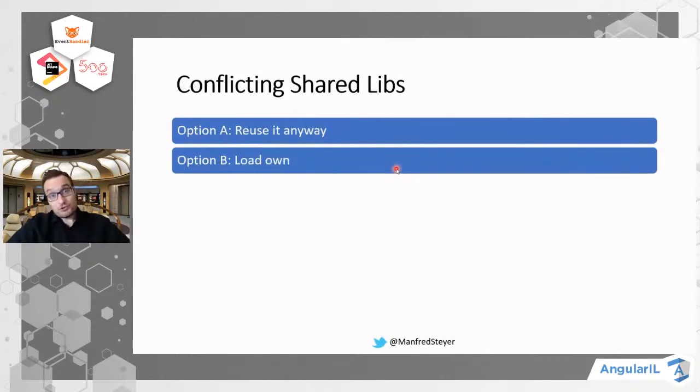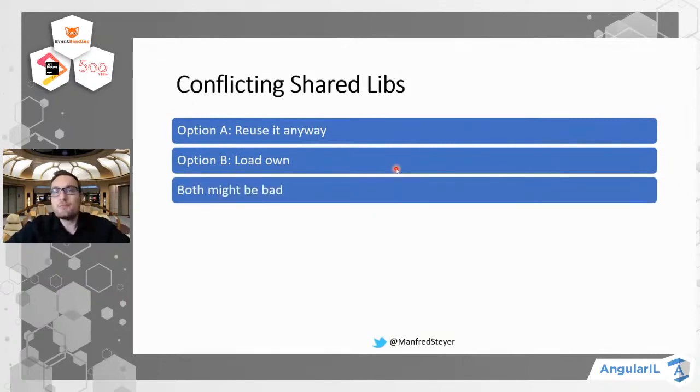The other option would be to load your own version. So perhaps you need RxJS 7. The shell is only providing version 6, so you load your own version 7 in addition. That might be okay-ish when it comes to a tiny dependency, to a library like Rx or Lodash or something like this.